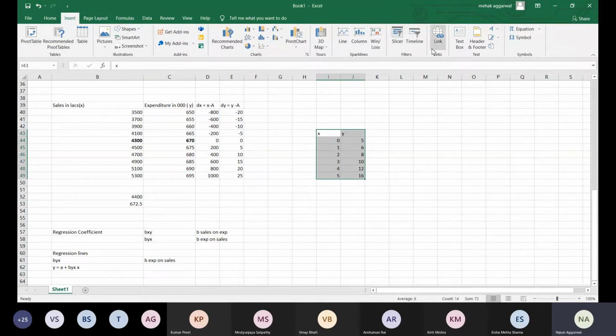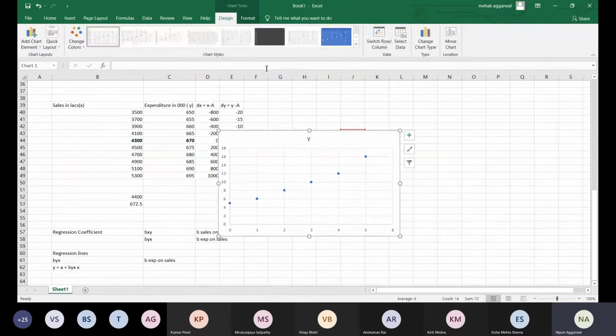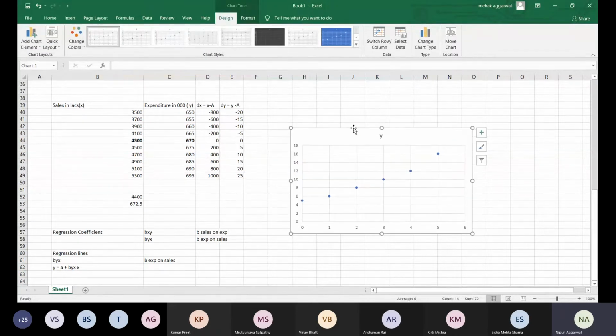This one is the scatter. So this becomes the graph for this scatter diagram.